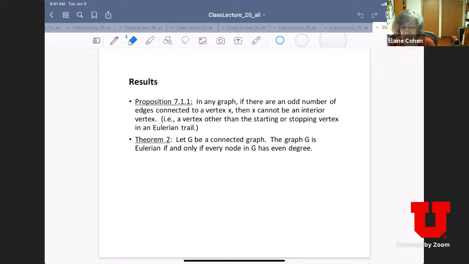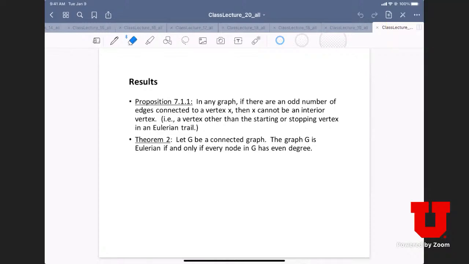We're saying it can't be other than a starting or stopping vertex on an Eulerian trail. Now remember, an Eulerian trail goes through every edge of the graph exactly once. It can have different starting and stopping points, but it goes through every edge of the graph exactly once.